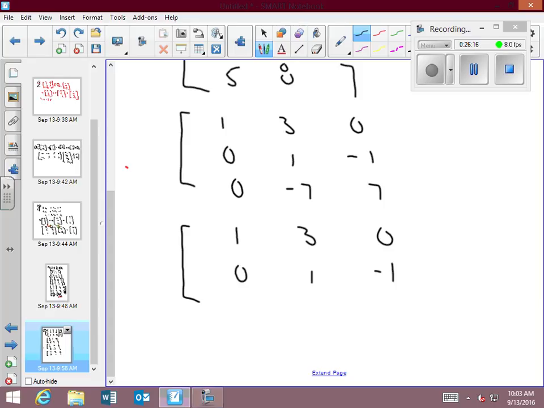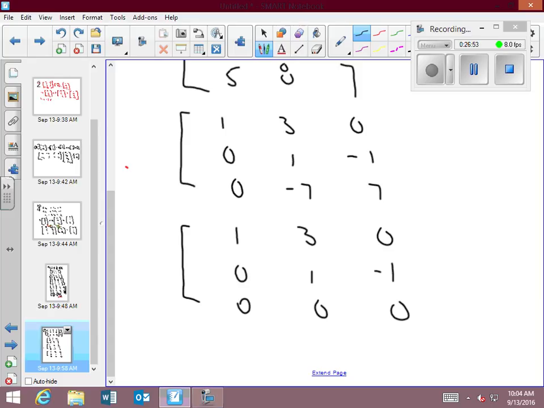Now, I want to get rid of that -7. So I'm going to take 7 times this, and add it. 7 times that, add it. What do you think? The question is, is u in the subset of R3 spanned by the columns of A?